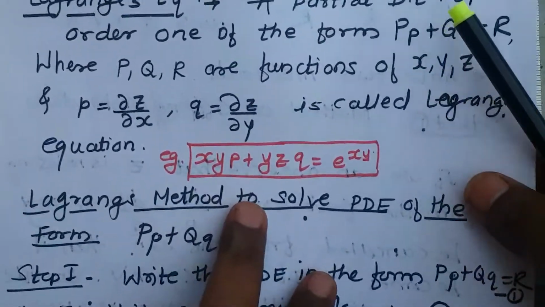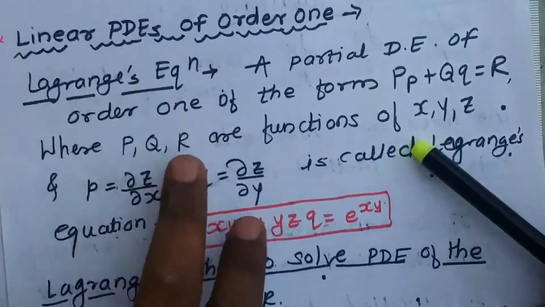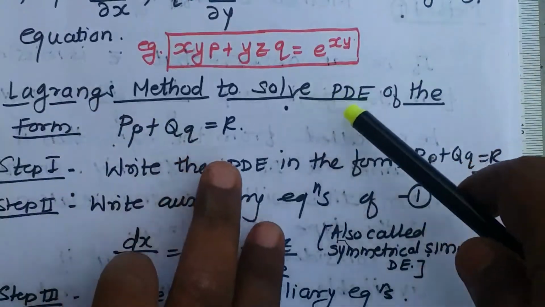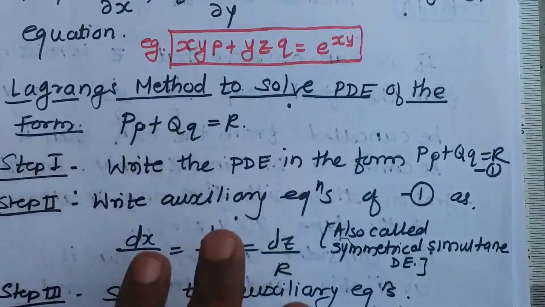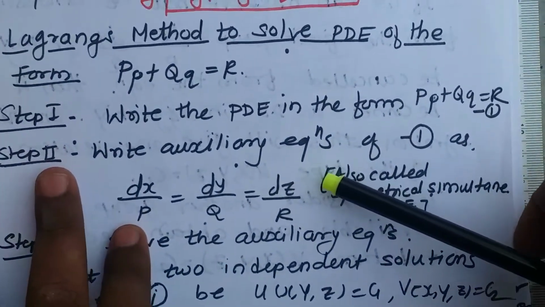Now we are going to discuss the method of solving this type of partial differential equation. That method is Lagrange's method to solve a partial differential equation of the type Pp plus Qq equal to R. Let us go through the method. These are the steps that I have written.